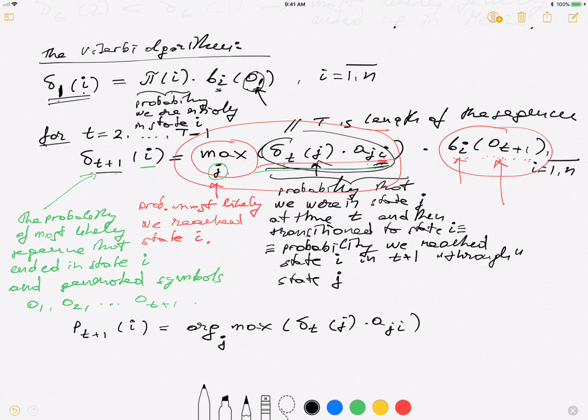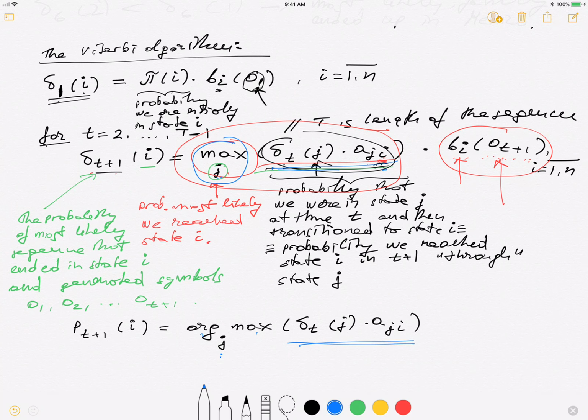So basically, if you compare this expression and this expression, they're the same. Max means find me the maximal value when we vary j. And argmax means find me for which j this value is maximized.